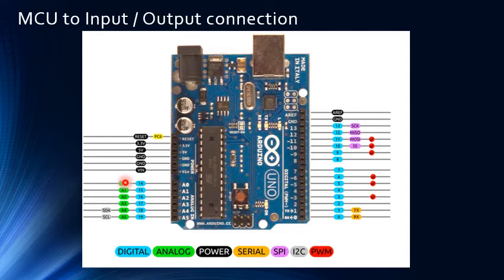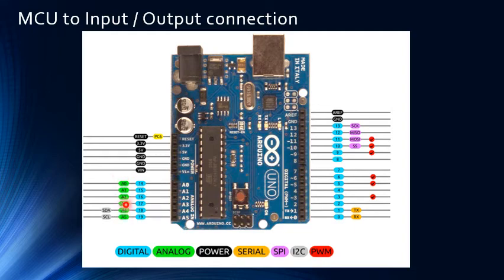Let's say, if you want to connect a temperature sensor, the output can be 0 volt, 1 volt, 2 volt, it depends on the temperature. Let's say, if the temperature detected is 20 degrees Celsius, then the output is 2 volt. If the temperature is 25 degrees, then the voltage output is 2.5 volt.